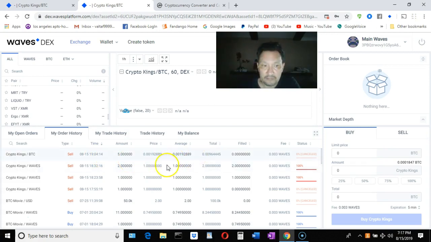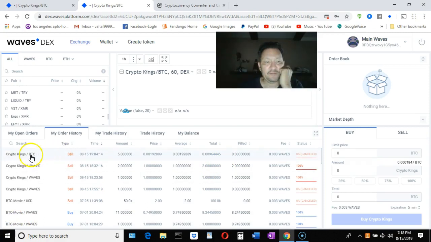So here we see that the order has not been filled yet, like it was here. It's still pending. It's not 100% filled as a buy or sell order, and that's the current status. So it's pending. And I'm going to go ahead and pause the video here.